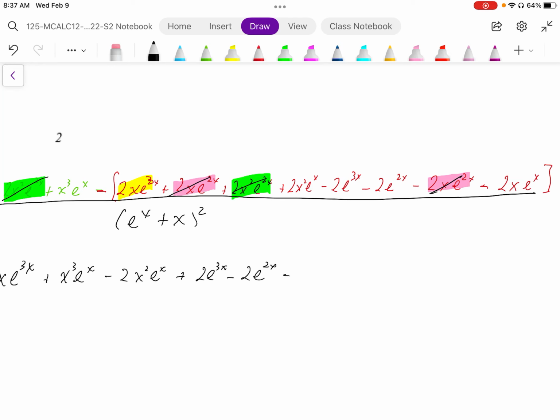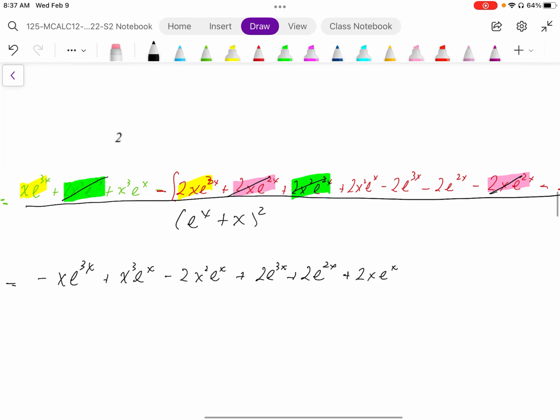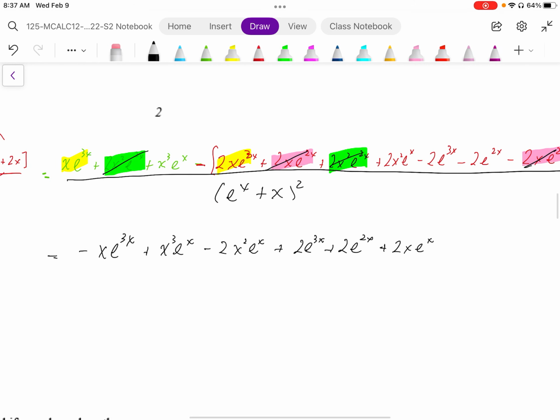It's going to end up being plus, plus, and plus 2x e to the x. Okay, so that's my simplified form. I can factor out an e to the x. It looks like that's the only thing I can factor out. I don't have a factor of e to the x in the denominator, so I'm going to leave it like that as my simplified form.